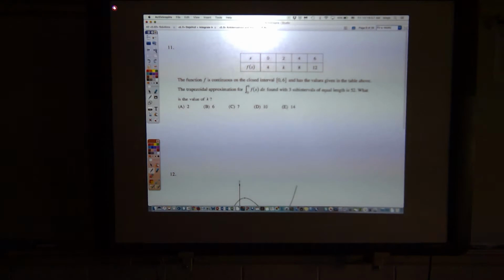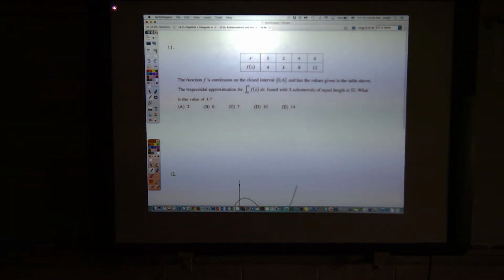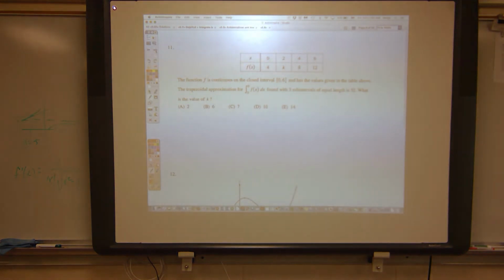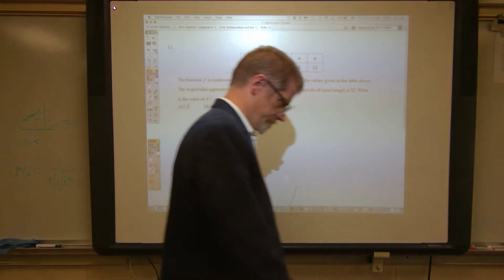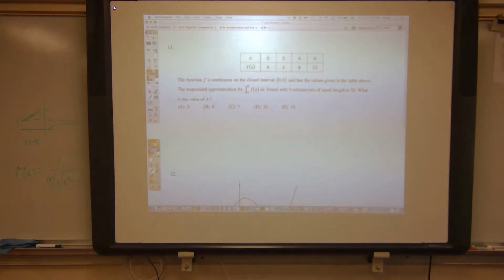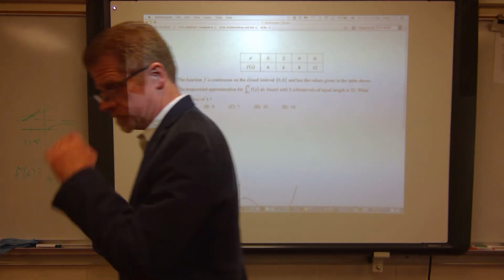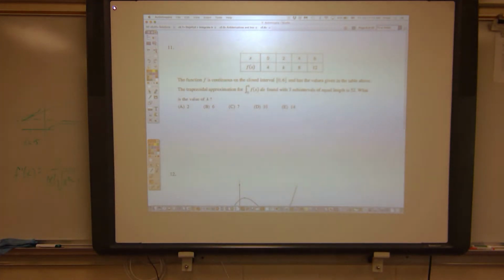So I'm going to turn on the lights for a second. I'd like you to try to come to a conclusion as to what the value of k should be. Nice review of the trapezoid rule. Please feel free to collaborate as you're wrestling with this one.